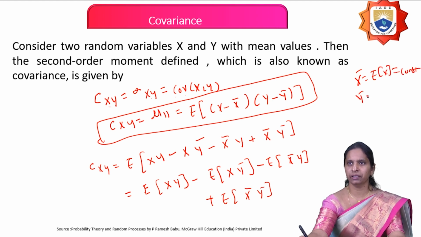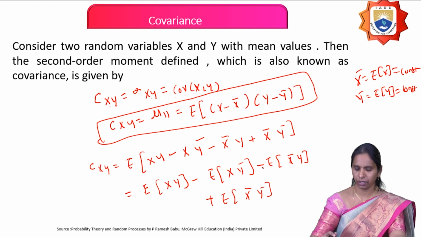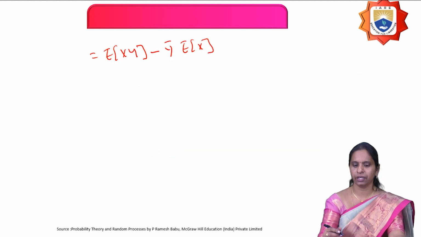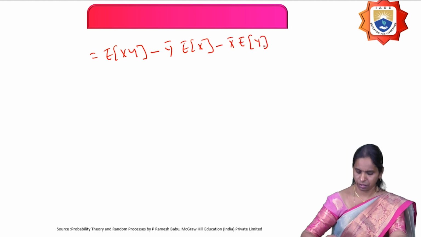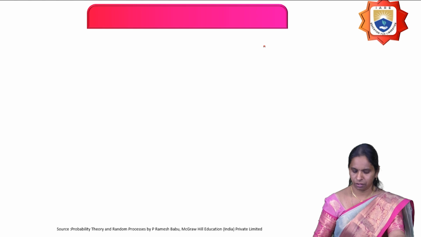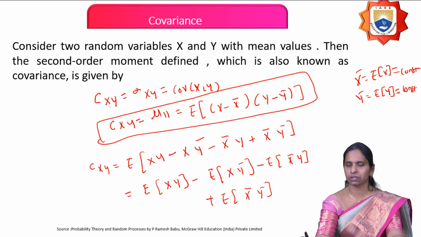And y is a random variable, so this x bar you can bring outside. Then I can write this as minus x bar into expectation of y. Next what do you have here? You have plus expectation of x bar into y bar. x bar is constant, y bar is also constant.